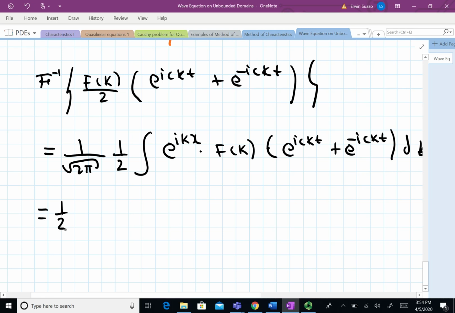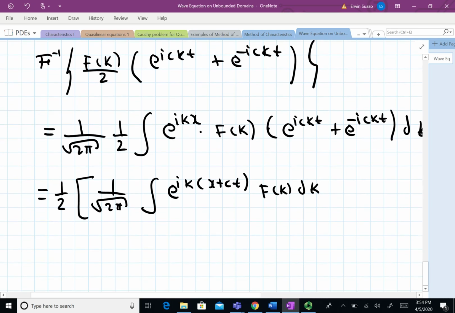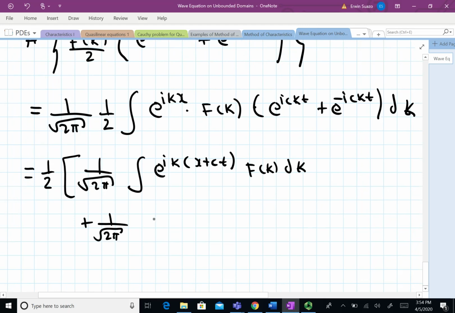I take my 1/2 out, and I get 1 over square root of 2 pi times the integral of e^(ik(x+ct)) f(k) dk, plus 1 over square root of 2 pi times the integral of e^(ik(x-ct)) f(k) dk.